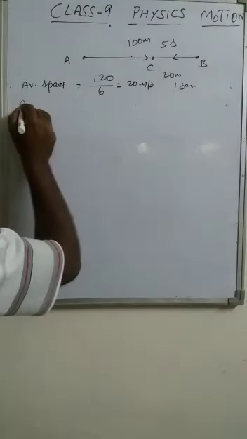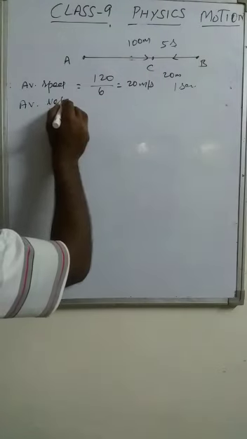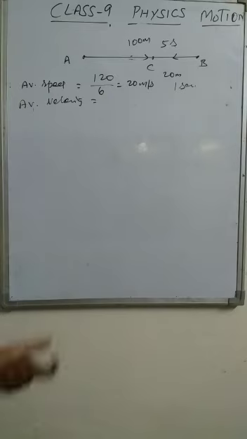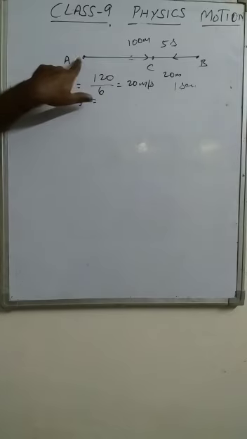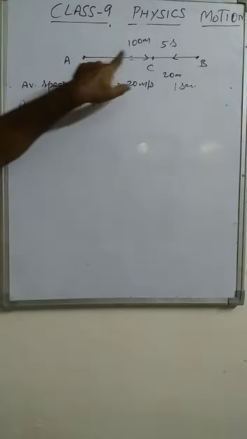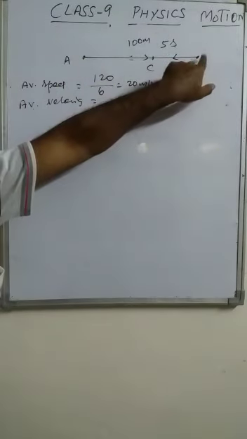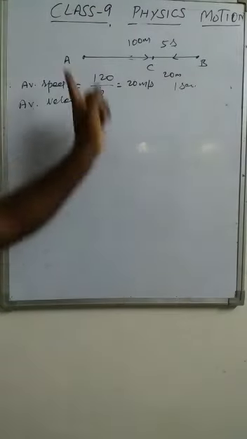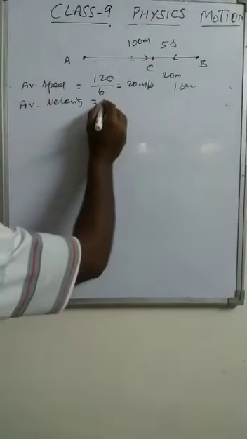Then coming to average velocity. In this case, total displacement upon total time. Total displacement is from the initial to the final point. To calculate this length, it is A to B minus B to C because it is in the opposite direction. So 100 minus 20, 80.